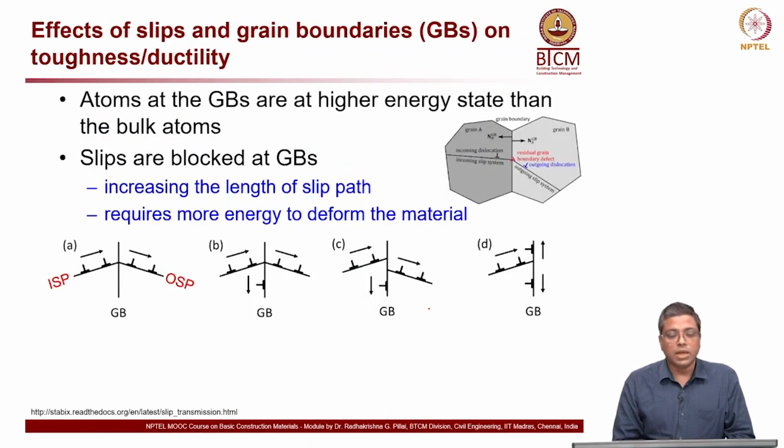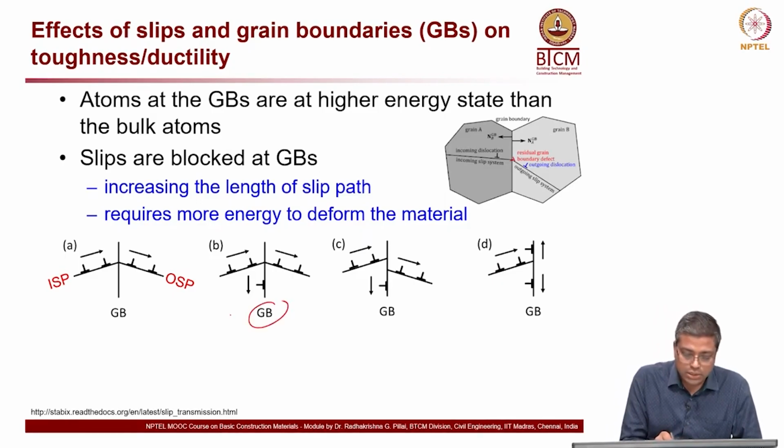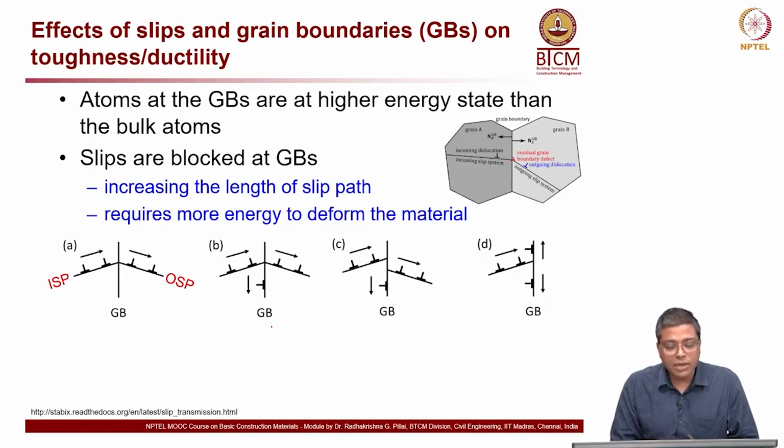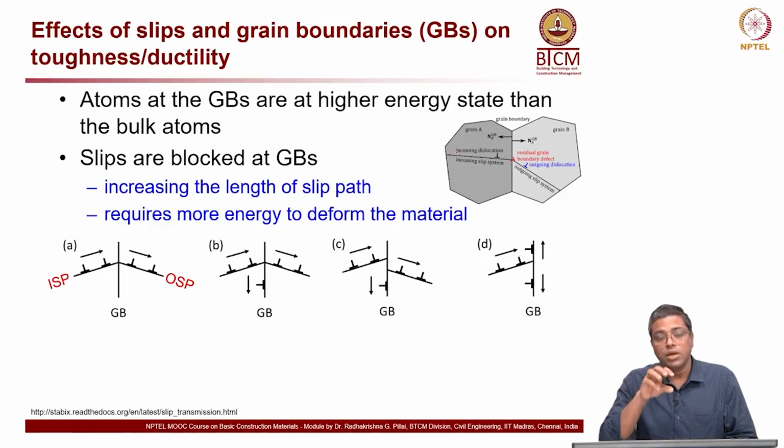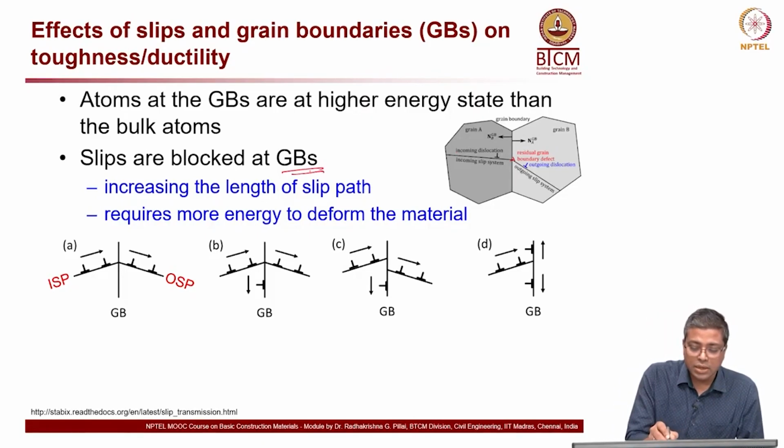Now, effects of slips and grain boundaries, or I am going to call grain boundary as GB here, on toughness and ductility. Atoms at the grain boundaries are at a higher energy state than a particular atom within the grain. Now, slips are blocked at grain boundaries.